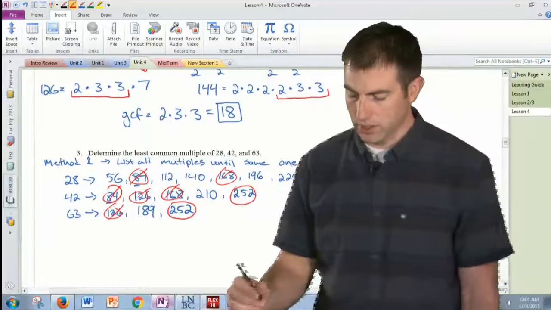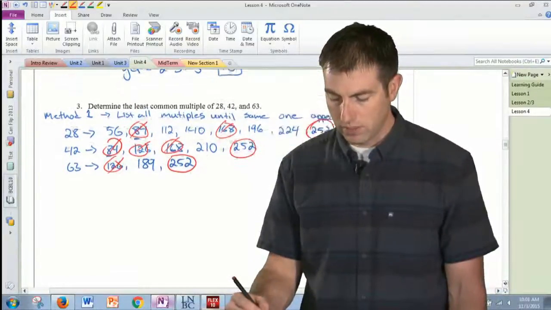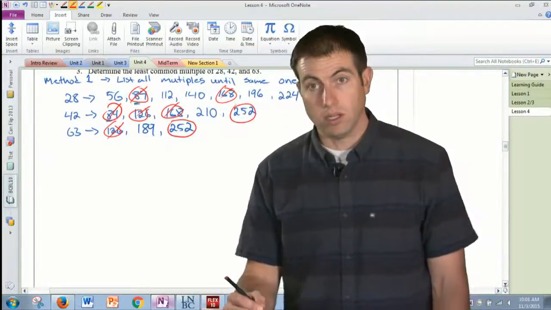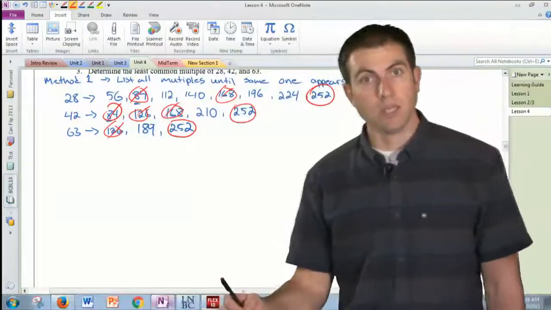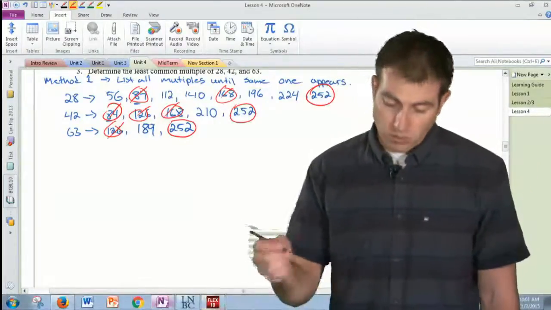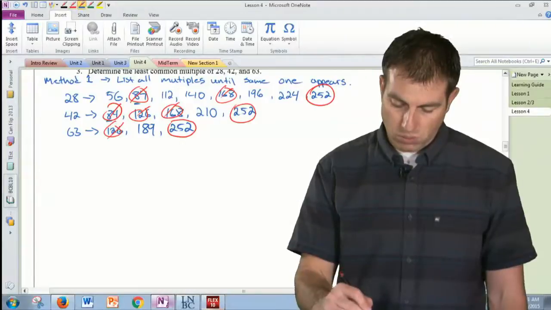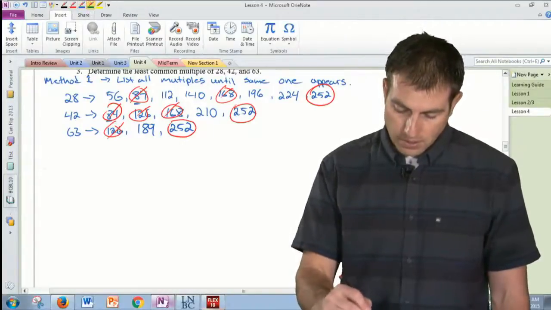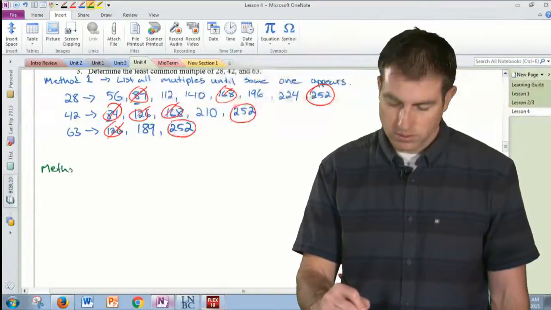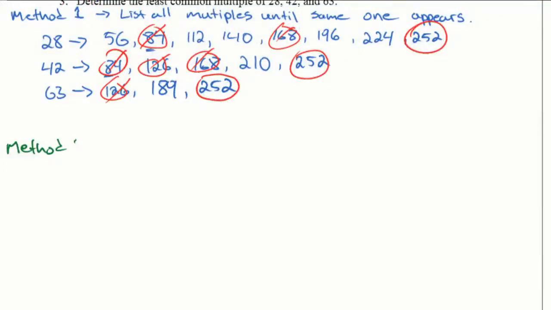I kind of took a long time to do that, but it's a method that will eventually get you there. It can be really messy because sometimes you'll be dealing with really large numbers. So that's method 1. This is method 2. And we're going to use prime factorization.